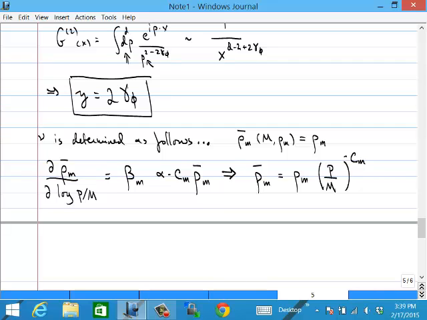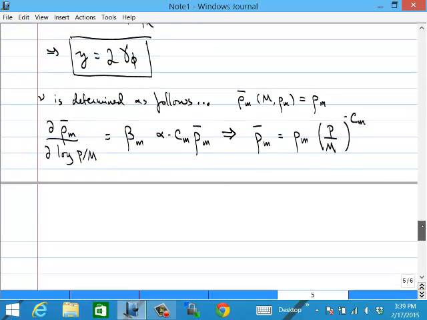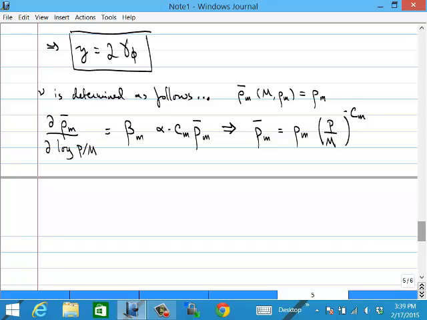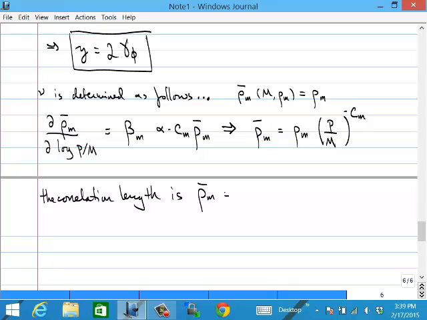So what that means is that the correlation length is effectively the scale when this coupling becomes of order 1. The correlation length is given by rho m equal to 1.